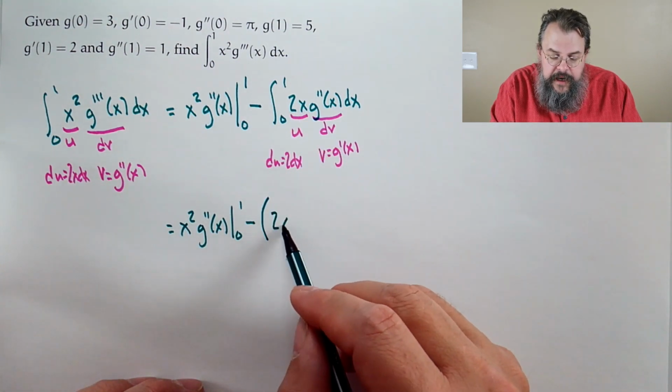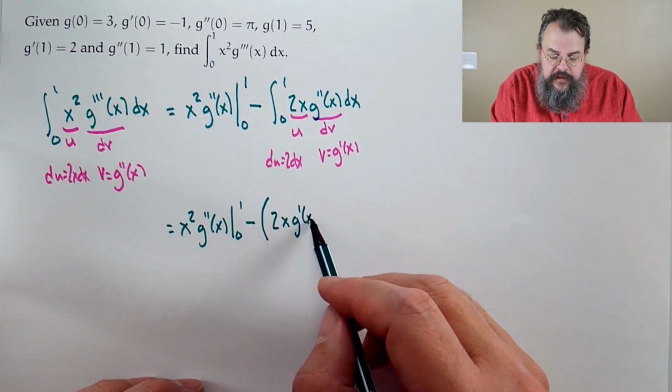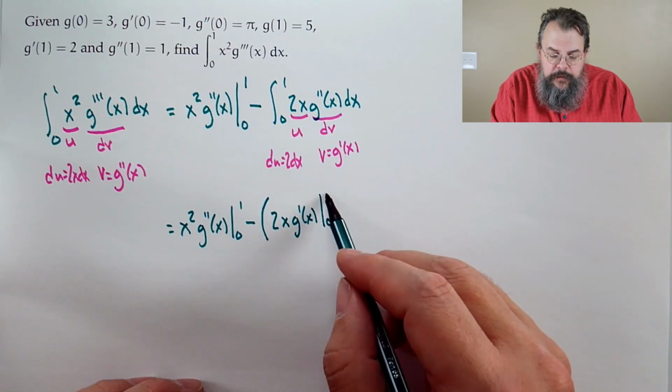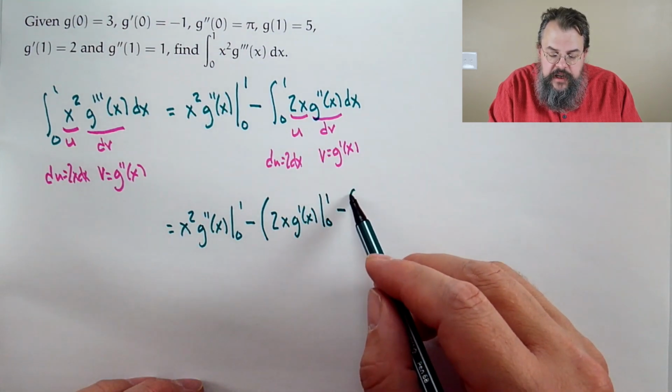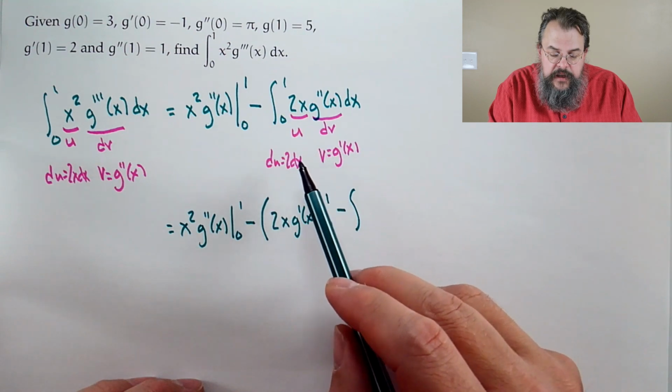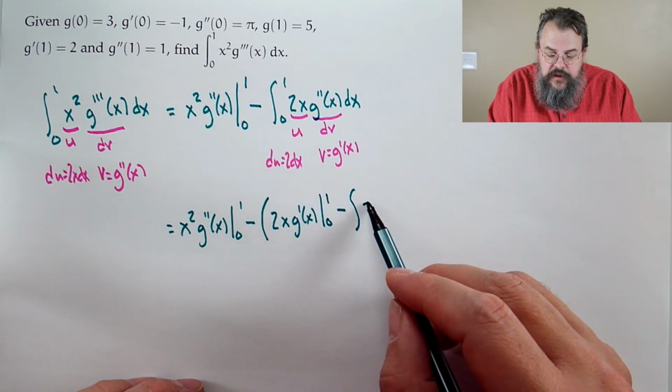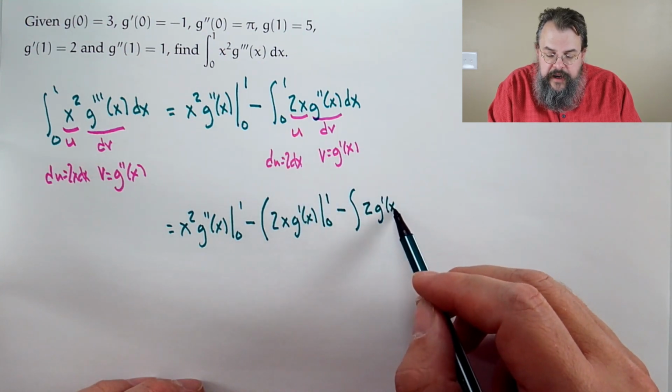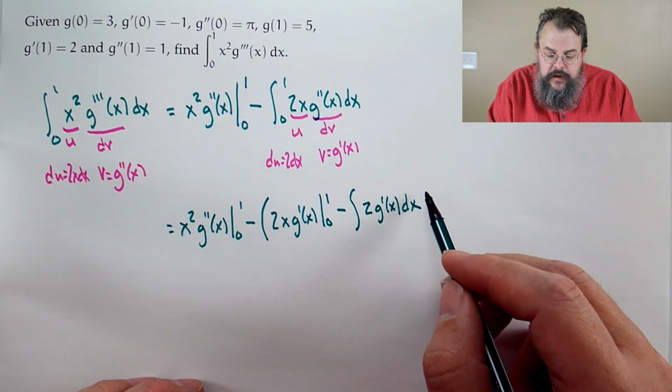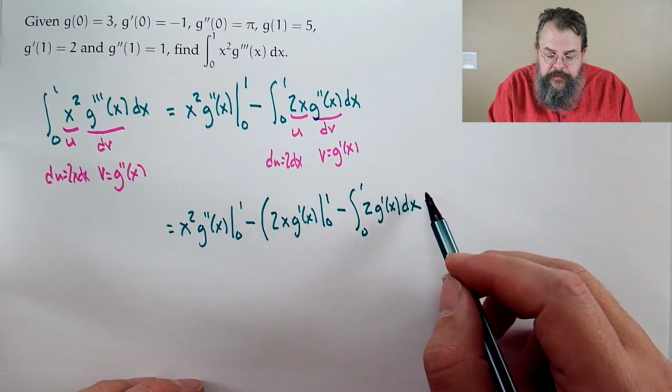So u, v. So that'll be 2x, g prime of x. Evaluate that from 0 to 1, minus the integral v du. So that'll be 2 g prime of x dx from 0 to 1.